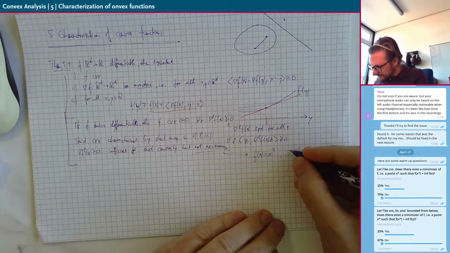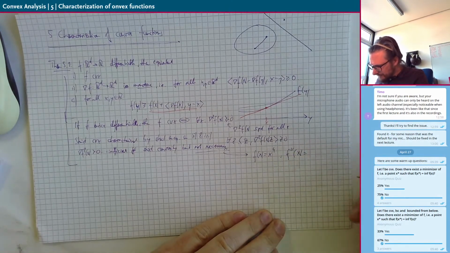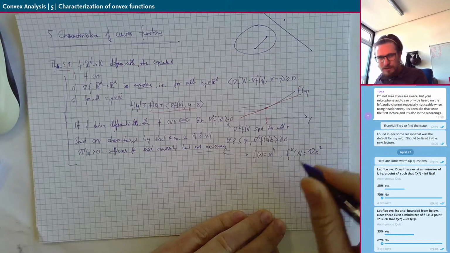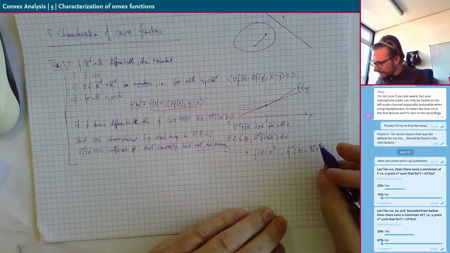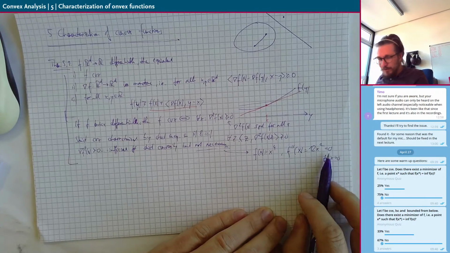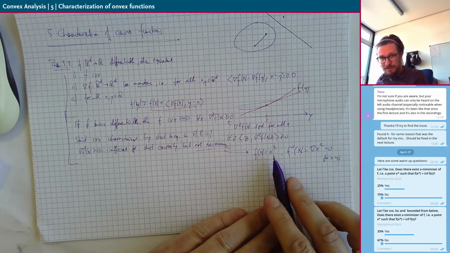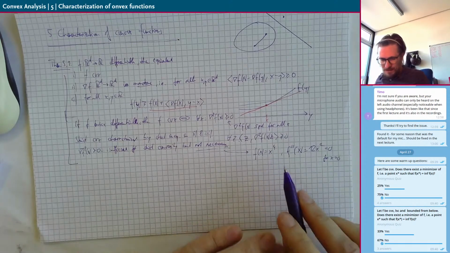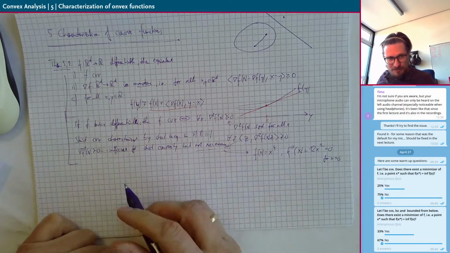Then the Hessian is the second derivative, and it's 12x squared, and this is equal to 0 for x equals 0. So this is not positive definite at every point. There are points where it's 0, but it's still strictly convex. Okay, so we dealt with this already.